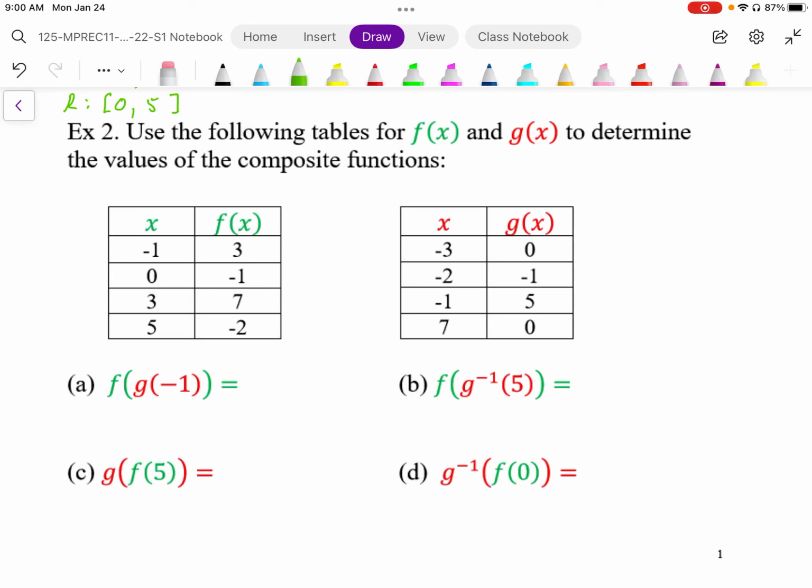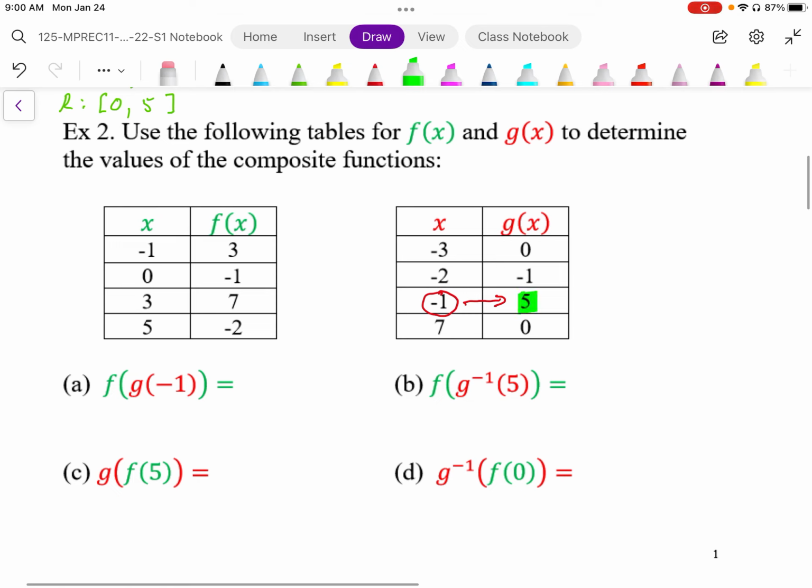So if we take a look at A, we're first starting with -1. So we're inputting -1 into the g function. What that means is I'm going to get an output of 5, and that output of 5 can go into the outside function f. So it goes like that as my flow chart.